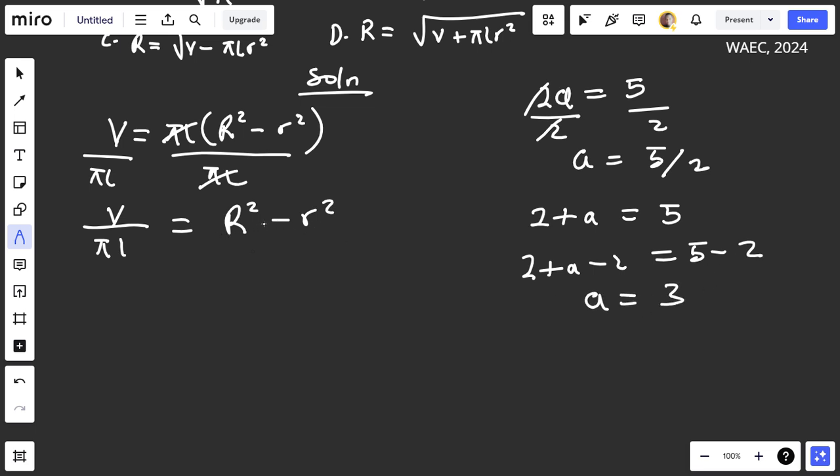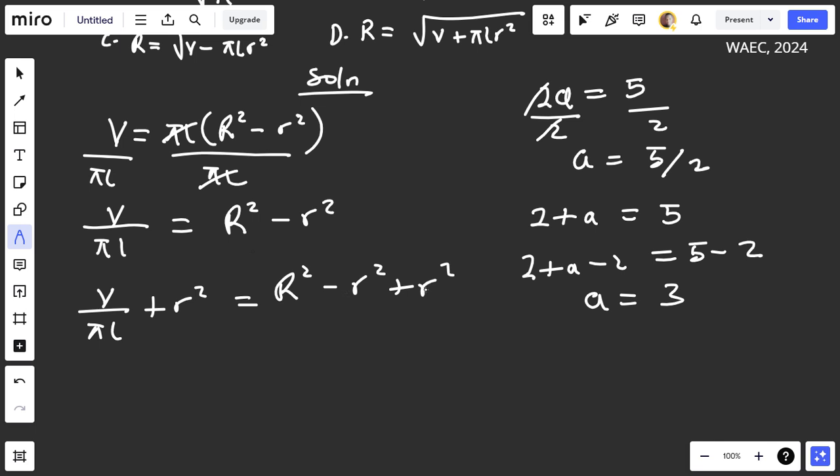So here, the operation that binds small r squared is minus. The opposite of minus is plus, so we are going to add r squared to both sides. We have V over pi L plus small r squared equals R squared minus small r squared plus small r squared.